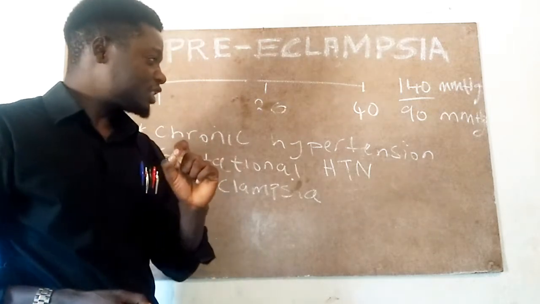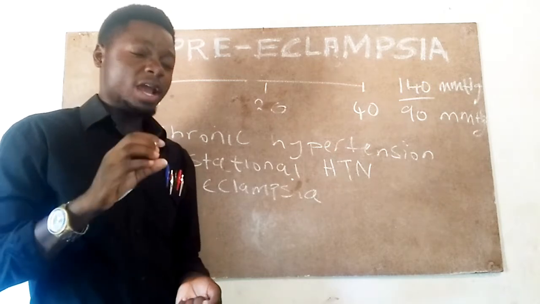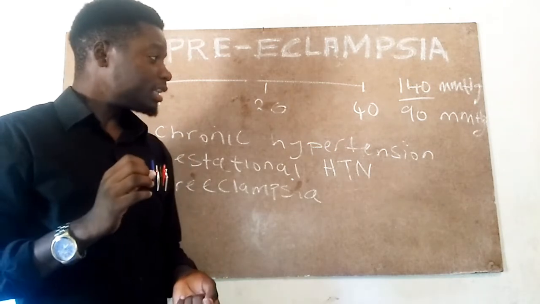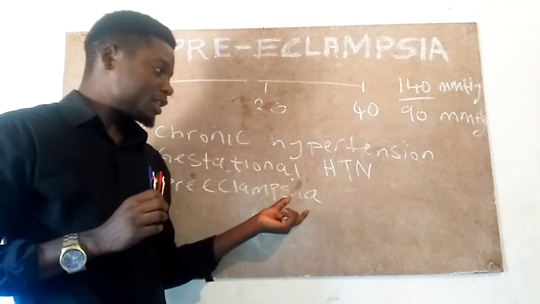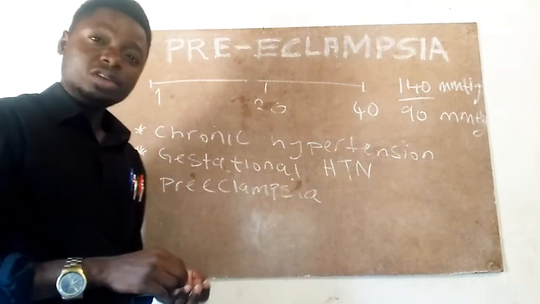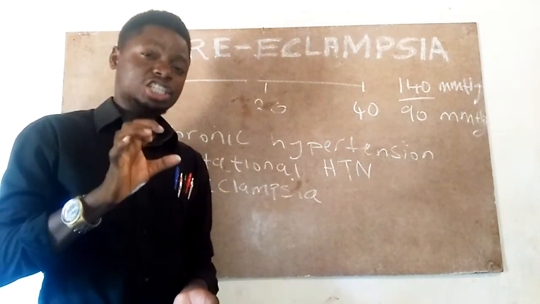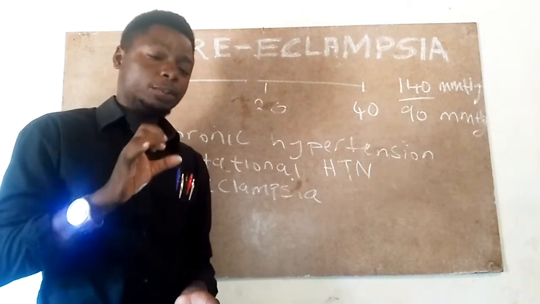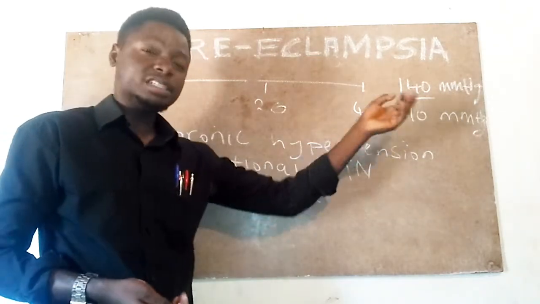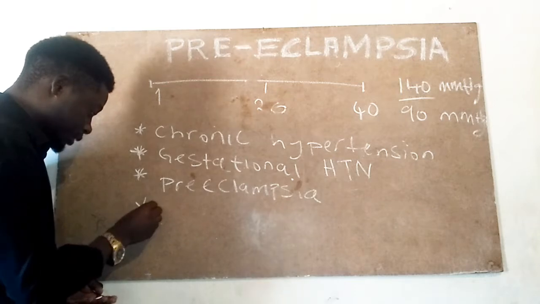So the diagnosis is going to be that with protein in urine. Then we have preeclampsia. So we take the difference between preeclampsia and gestational hypertension. The only difference is protein in urine. In gestational hypertension, we don't have protein in urine, but we have elevated blood pressure. Whereas in preeclampsia, we have protein in urine.